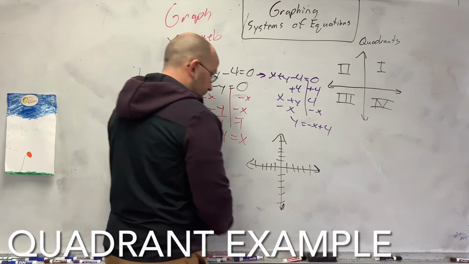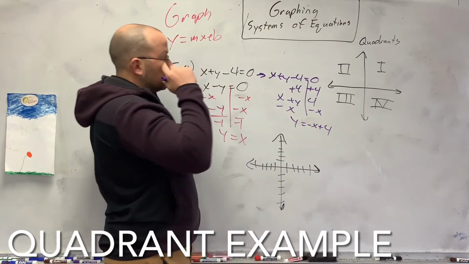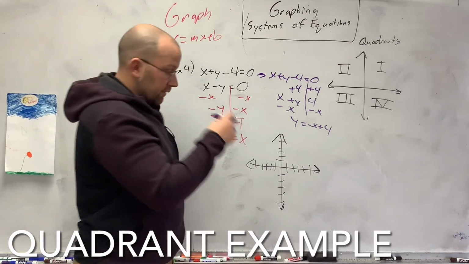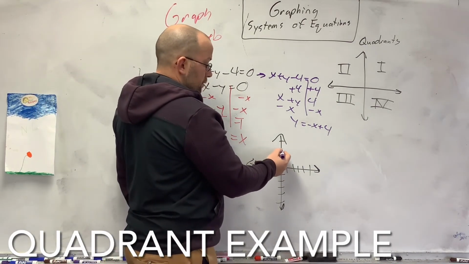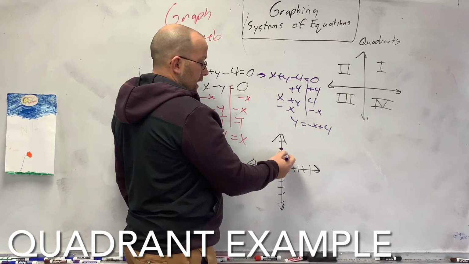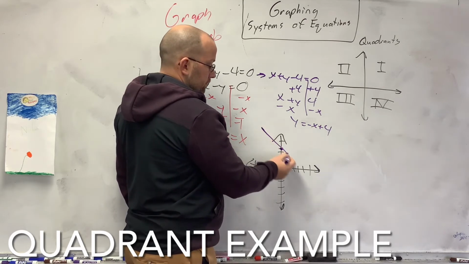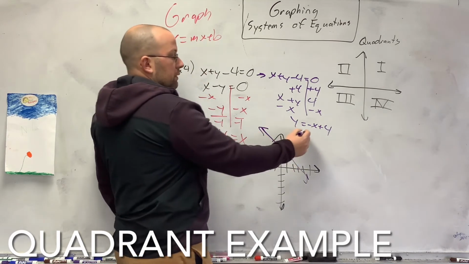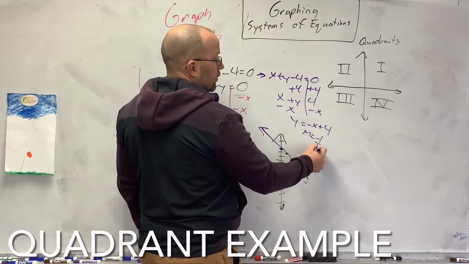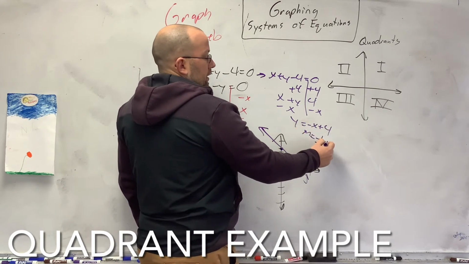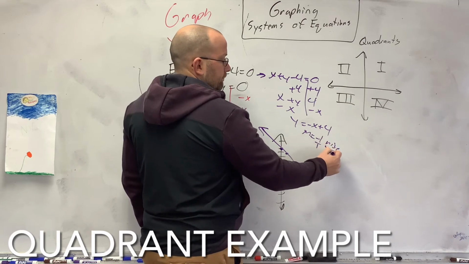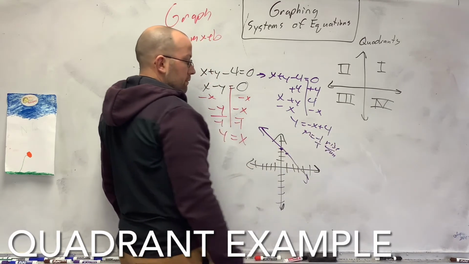Now I'm going to graph it. Do it either way you want. I'm going to do it this way. So 1, 2, 3, 4, point, down 1, over 1, graphed. All right, because my slope is negative 1 over 1. And that's my rise over my run. And 4 is my y-intercept.